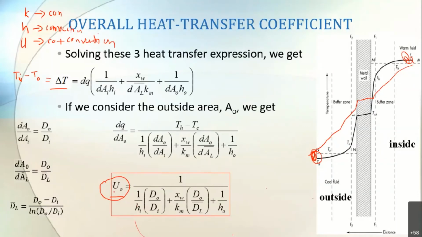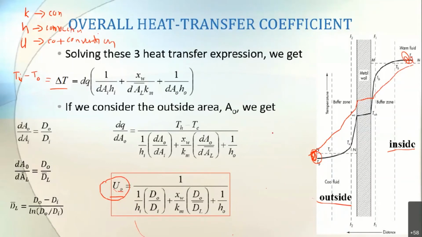Now you see here we have UO, meaning UO is considering the outside surface area. I've labeled inside and outside. There will be a difference between the inside surface area and outside surface area because you have a different diameter.